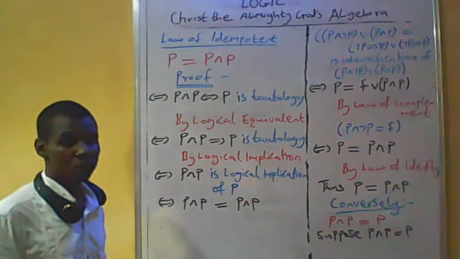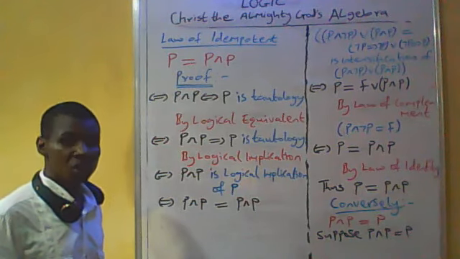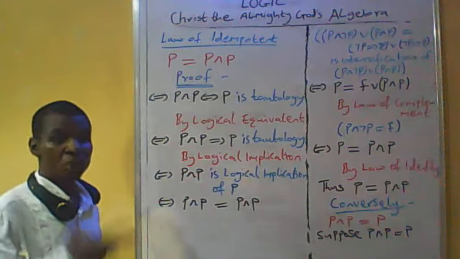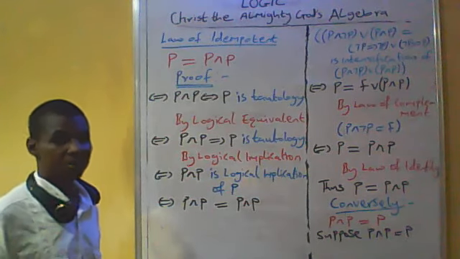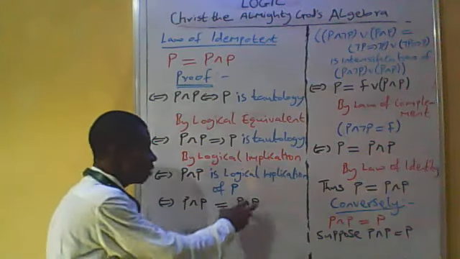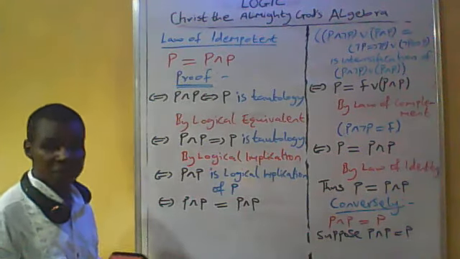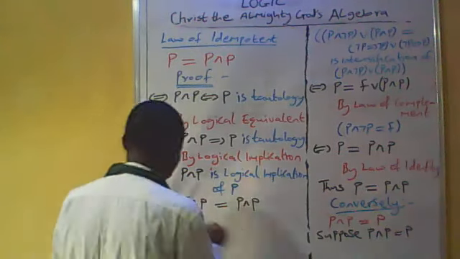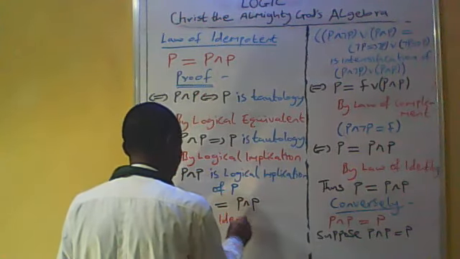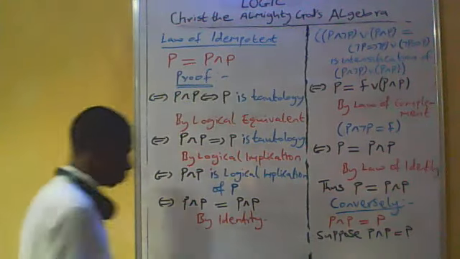And it is true that the logical implication is logically equivalent, it is equal to itself. That's why I say that P and P is equal to P and P, being justified by identity, the sameness.